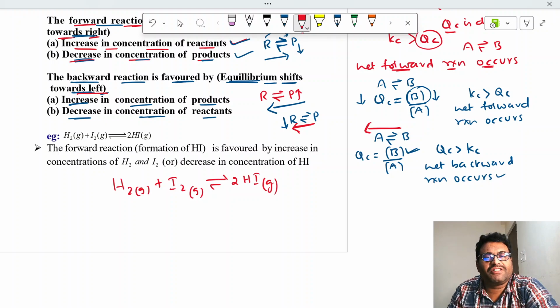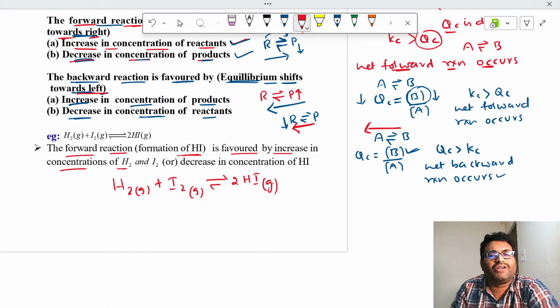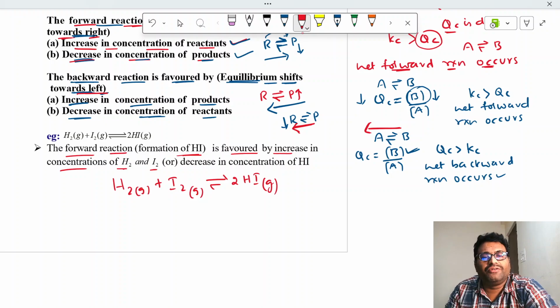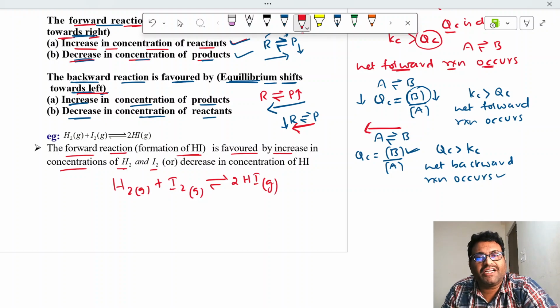Already we have discussed that if you increase the concentration of H2 or I2, then what happens? Net forward reaction occurs. This forward reaction, formation of HI, is favored by increase in the concentration of H2 and I2. As you have increased, that increased concentration must decrease, so forward reaction occurs.